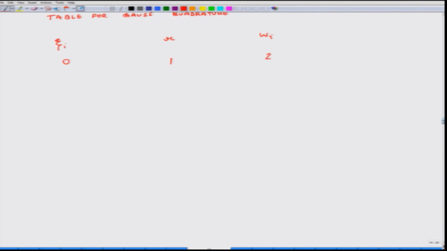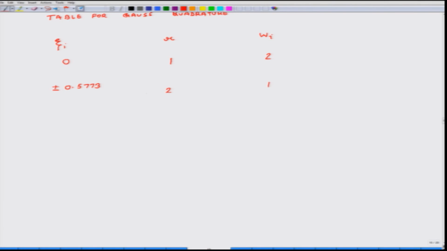Understood? Then you say, oh, I do not like it, I want to be more accurate, okay. So, R could also be made 2, and this table can grow very far. If R is equal to 2, then you have to evaluate the function at 2 locations. The first location is zeta equals 0.5773, and the second location is zeta equals minus 0.5773, and the weights are 1 for both of them, okay.